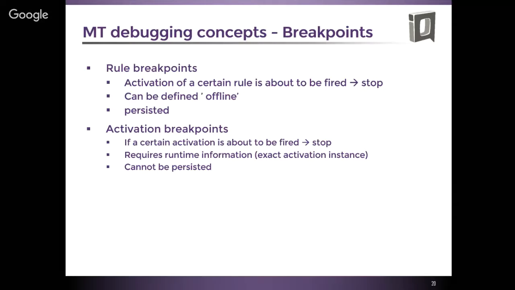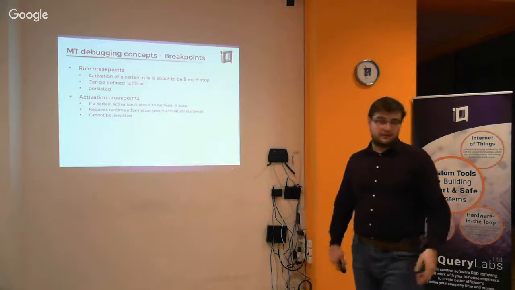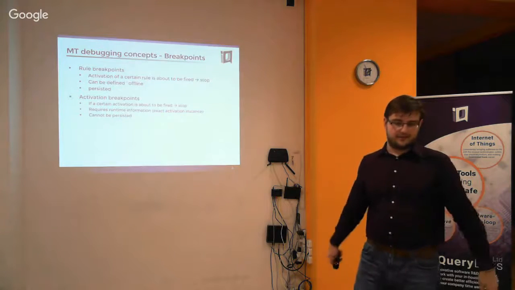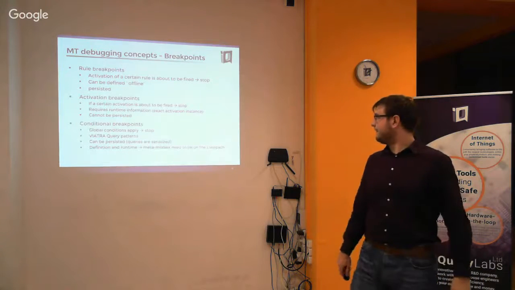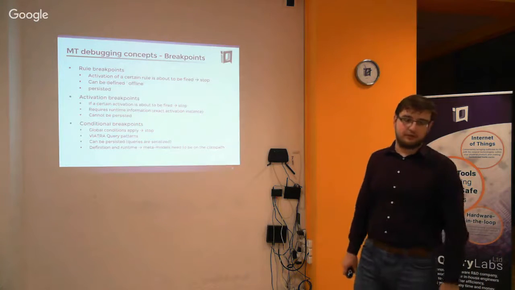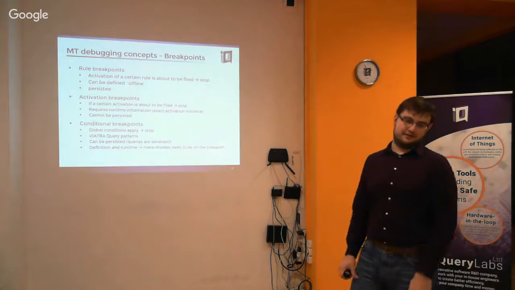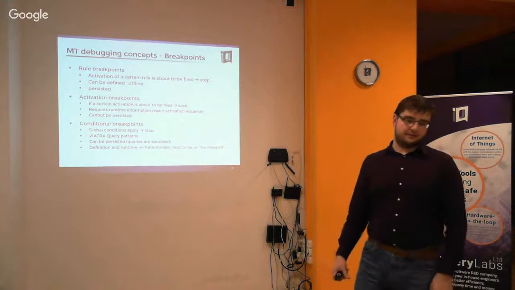Another breakpoint type is activation breakpoints, which identify any single activation of a model transformation. Naturally, these kinds of breakpoints cannot be persisted, as they require runtime information about the activation they are associated with. And finally, a third type of breakpoints are conditional breakpoints. They specify global conditions that should apply to the instance models of the model transformation.